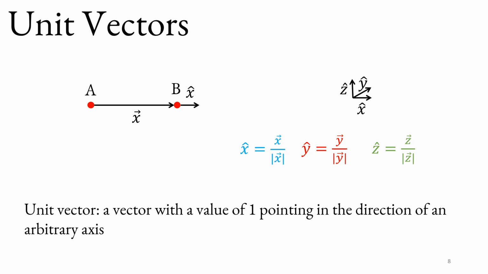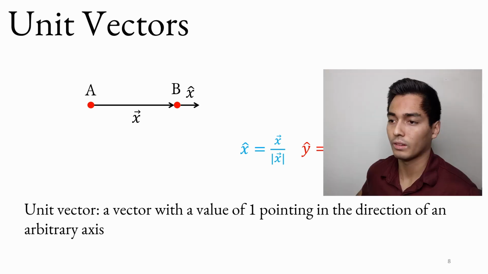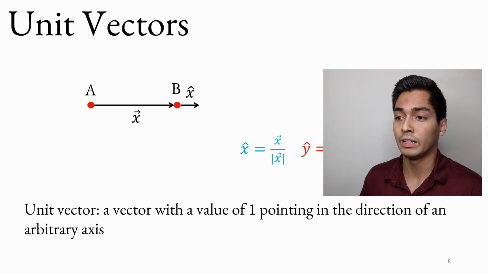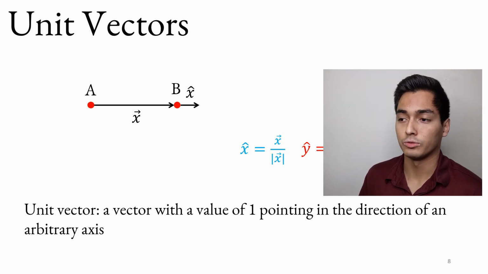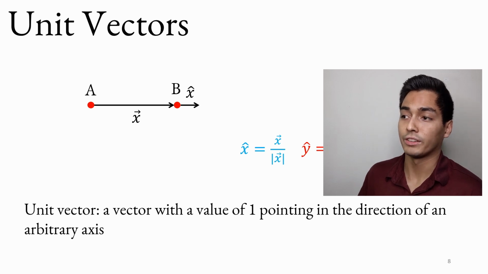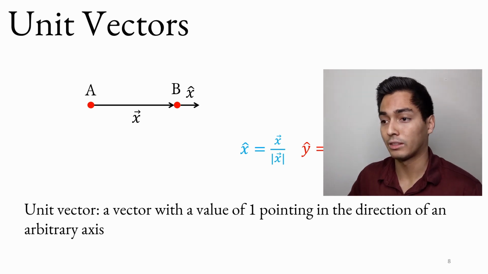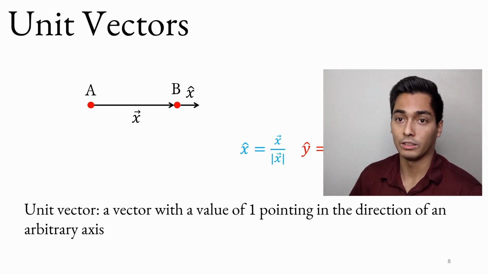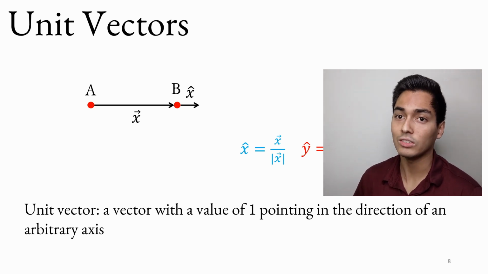So all these unit vectors have a value of 1, and they're pointing along that x, y, and z coordinate system. So if you've never been exposed to vectors or vector calculus before, they might look a little funky, a little bit abstract, a little weird, but it turns out that they make things really intuitive, and they can be very useful for defining functions in classical mechanics in physics.